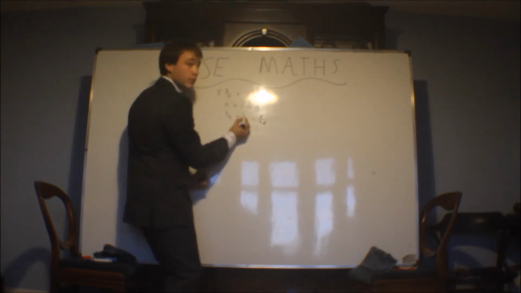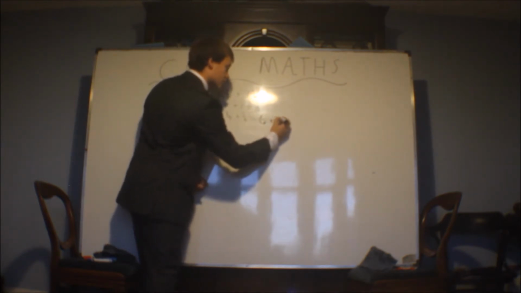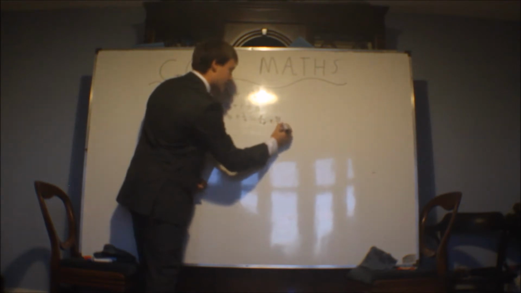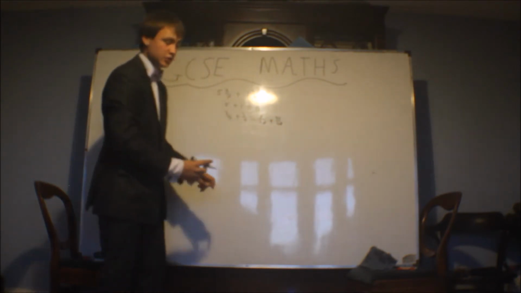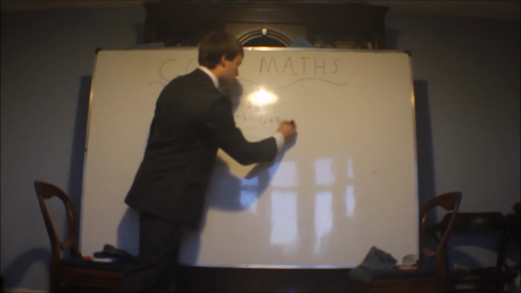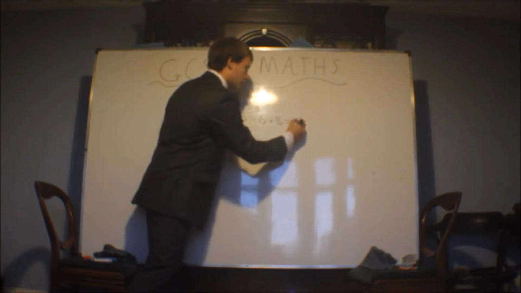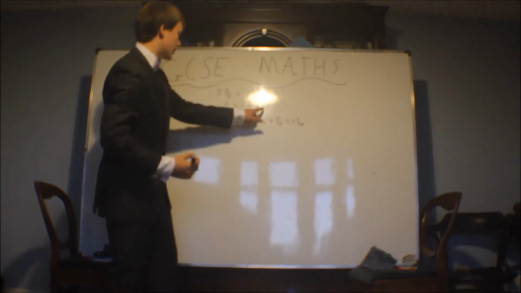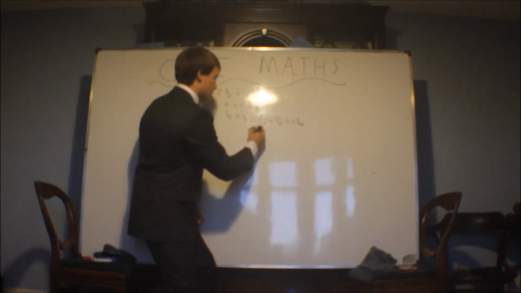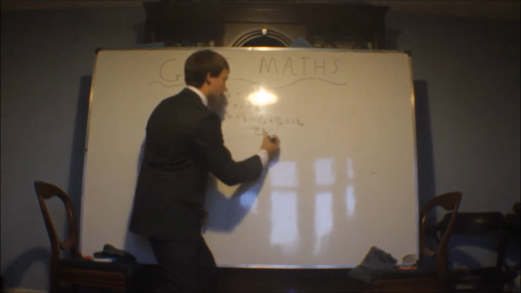Then if you times this one by 7, you get 7 times 3 is 21, and the bottom is 28. Now you realise you've got the common denominator, that's why you did that. And then you can just add these together like normal. That's going to be 29 over 28, which is 1 and 1/28. Now, as I discussed, you add these two things together, so the final answer is 7 and 1/28.